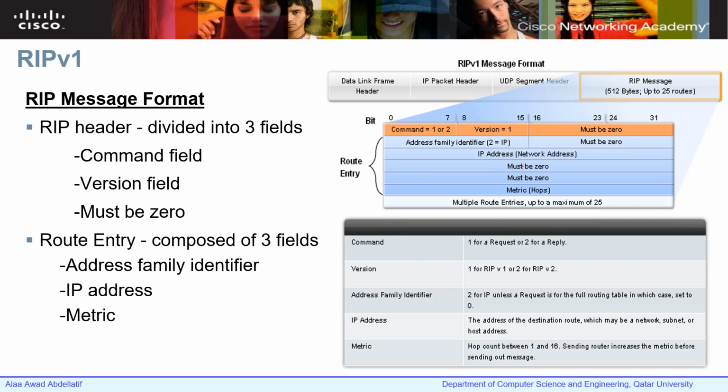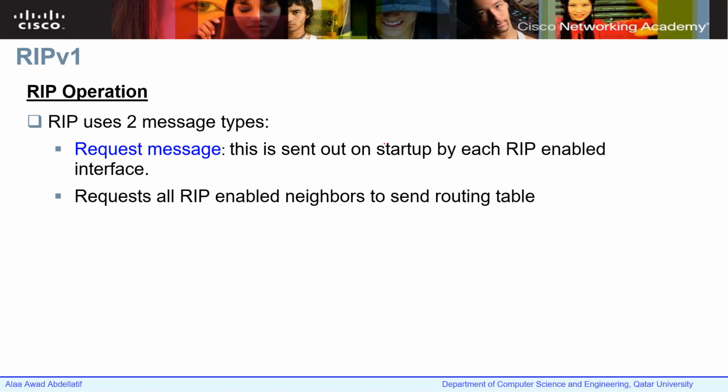The type of the message, as we said, is defined in the command field. We have two types of messages. We can send a request message if we need, at the beginning, to reach any interface or collect information about any interface.